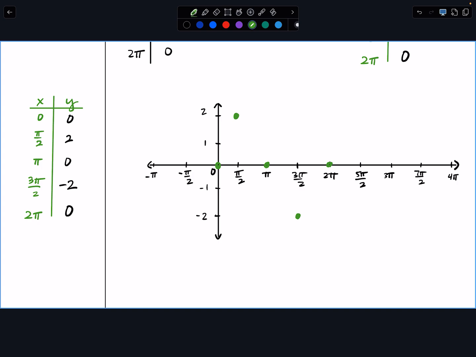Is everybody cool with that? All right, so let's use our heads.